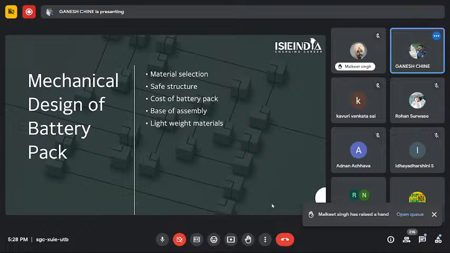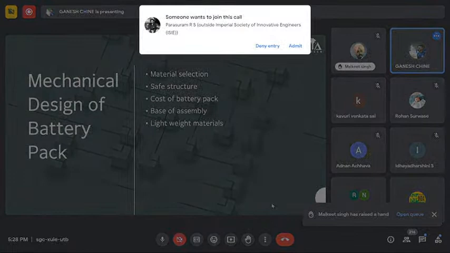A safe structure is needed because the battery pack operates in various temperature conditions, various road conditions, and various vibrations are imposed on the battery pack. For that, we require a safe structure for the battery pack.